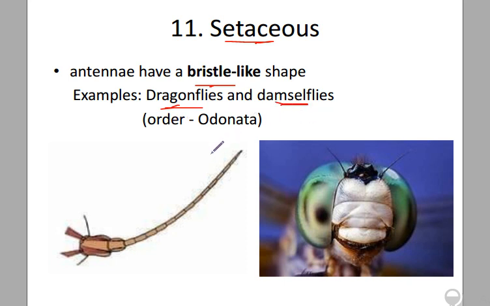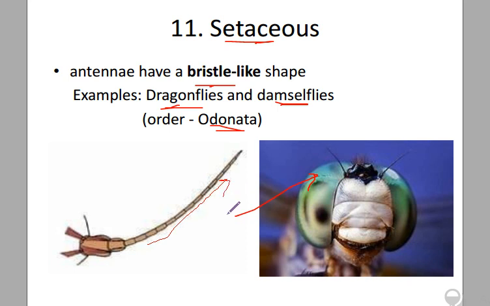Dragonflies and damselflies have setaceous antennae, and these belong to order Odonata. From this image we can see these are very small bristle-like antennae, and this figure also shows a bristle-like structure of antennae.